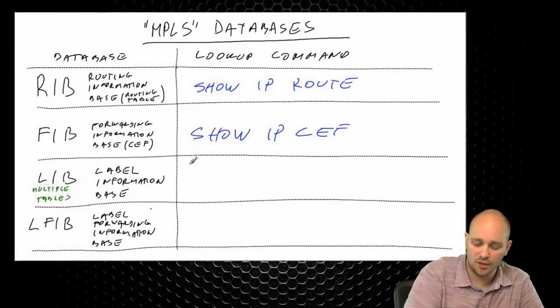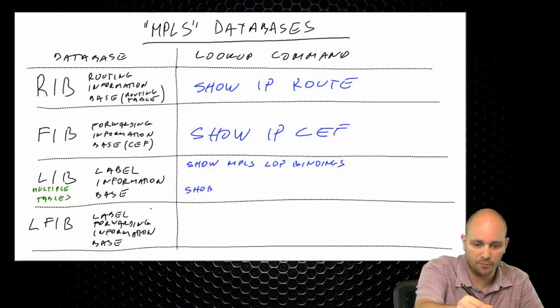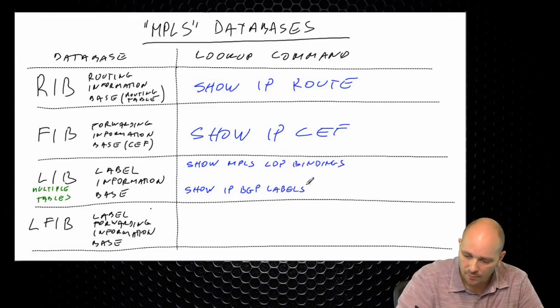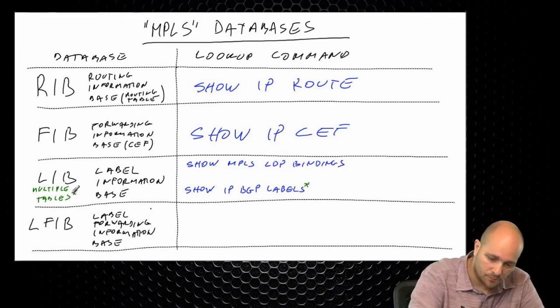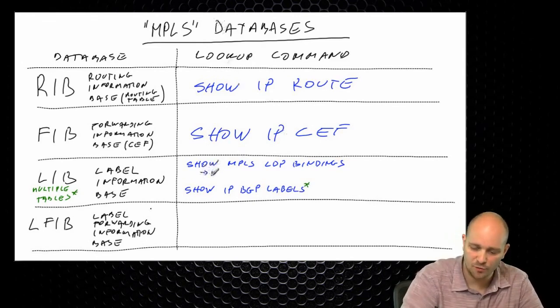So one of the commands you can use is show mpls ldp bindings, or you can use, for example, show ip bgp labels. And this is if you are using BGP for route. But the first one is the one that you will most likely use. This is if you are using LDP or TDP in your network.